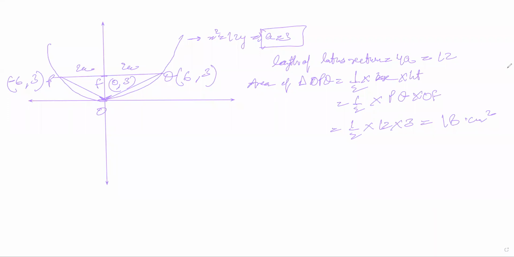Find the equation of the path traced by the man. Basically, we are talking about the equation of the race course.